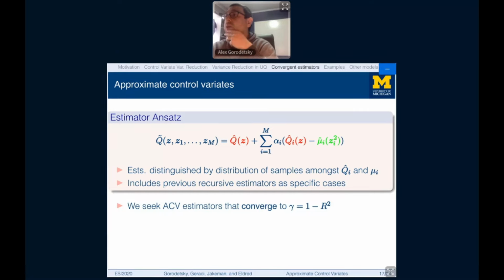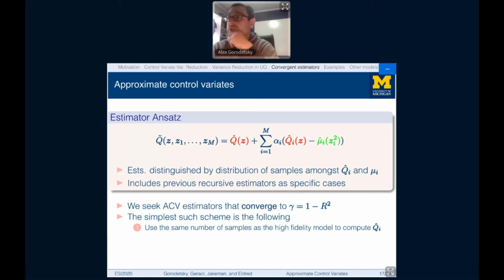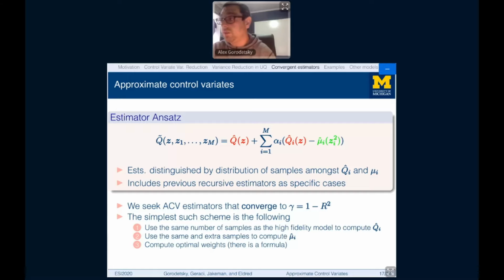So how do we get a convergence? A bit of a delay. To get convergence, essentially what we can do is we evaluate the low fidelity simulation source Q_i at the exact same samples that we evaluate the high fidelity simulation source.